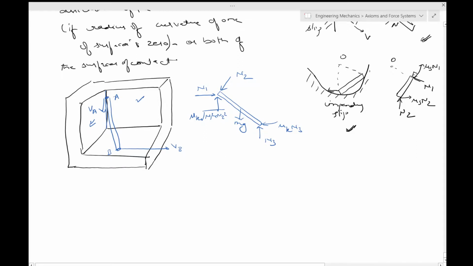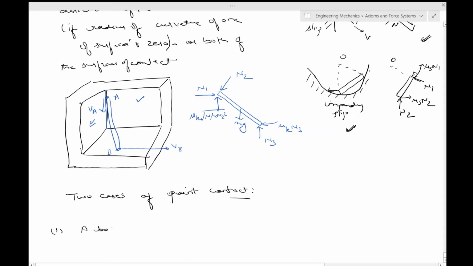So let's take up another case, two cases of point contact. Please remember, it may not actually be a point contact, but it can be idealized as a point or a line contact. So what we are referring to over here is this case of idealized point contact.